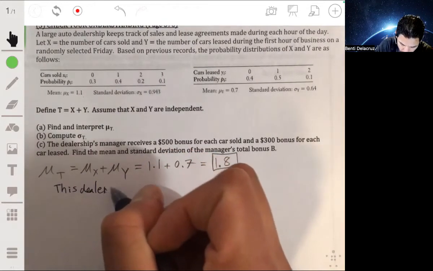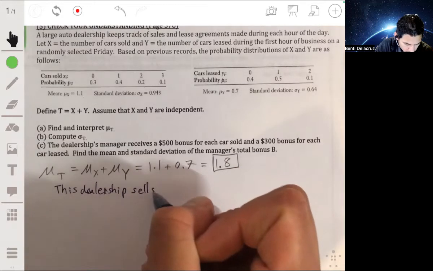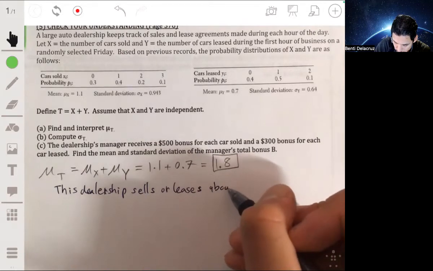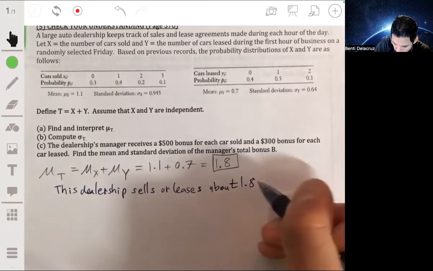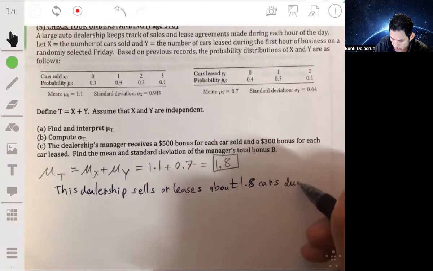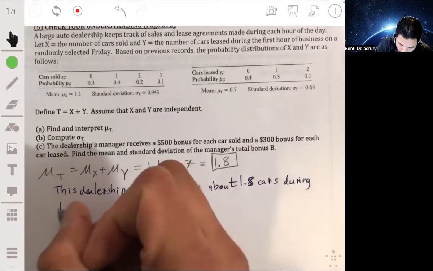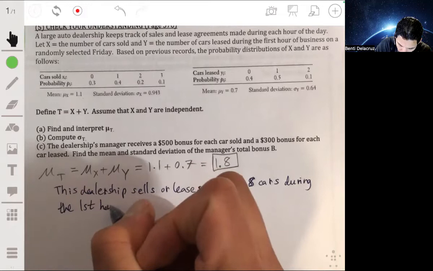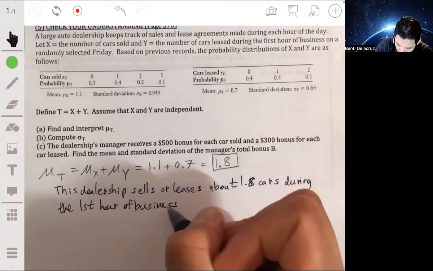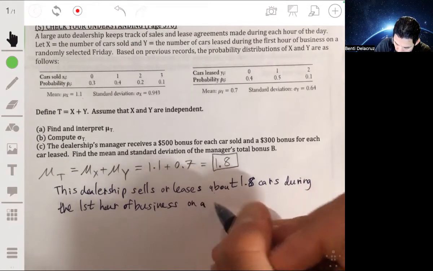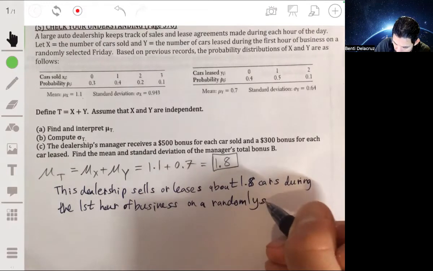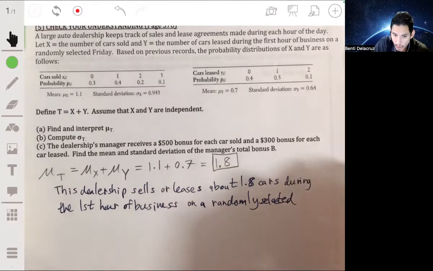This dealership sells or leases 1.8 cars during the first hour of business on a randomly selected Friday.